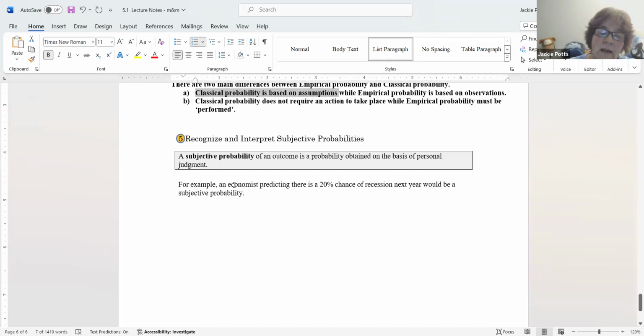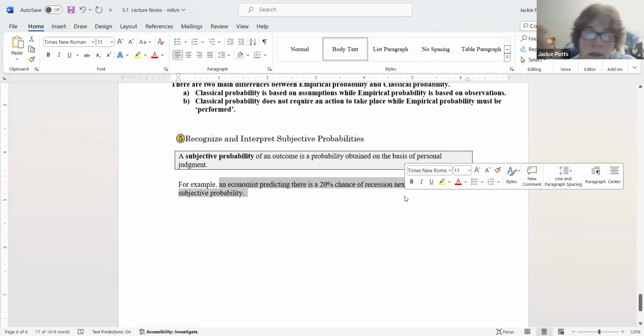An economist predicting a recession, 20% chance. Well, that is his expertise of tracking and knowing things. So that would be a subjective probability. He's sitting here watching the trends and such.